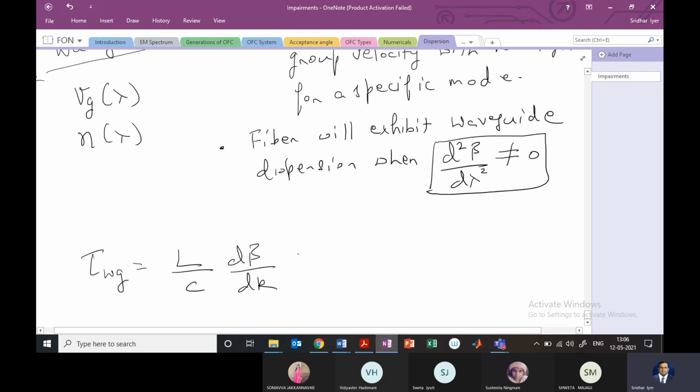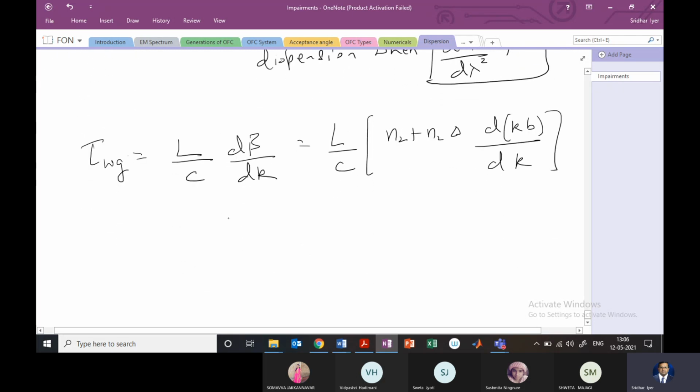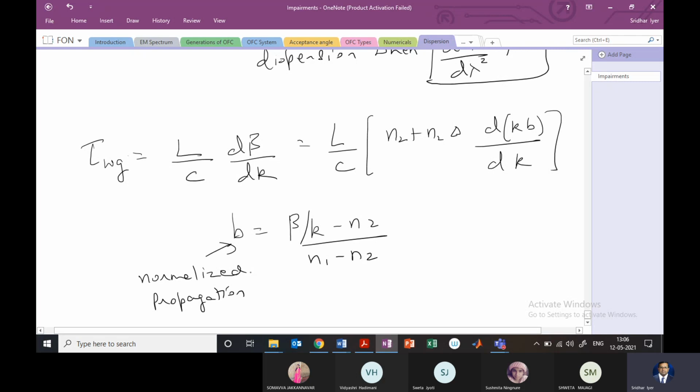So this is the standard equation, L by C, and you have n2 plus n2 delta d, where d is the factor, the small b is the factor beta by k minus n2 by n1 minus n2, and this small b is known as the normalized propagation constant.